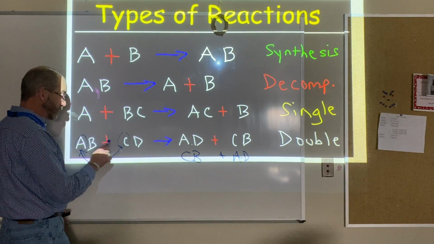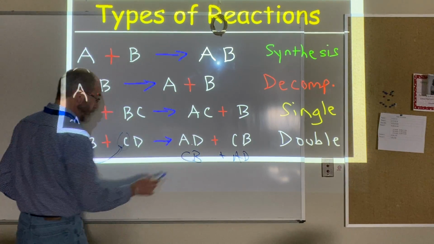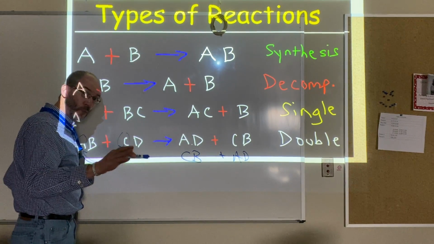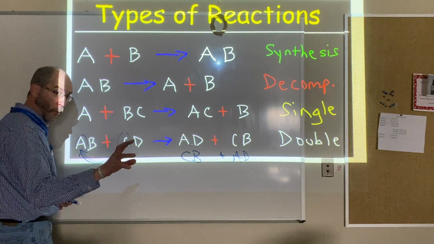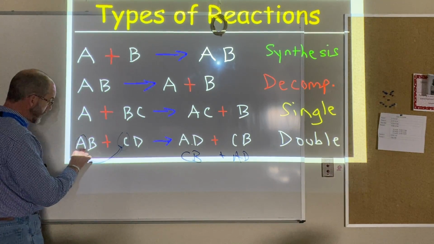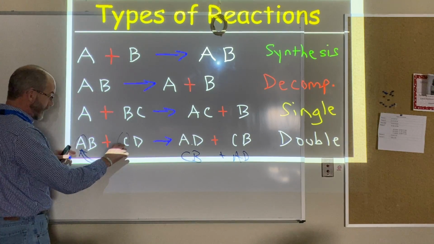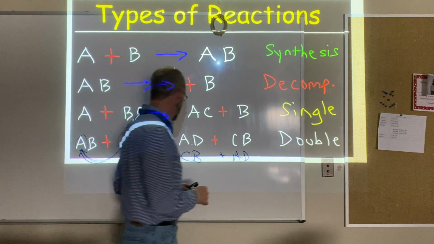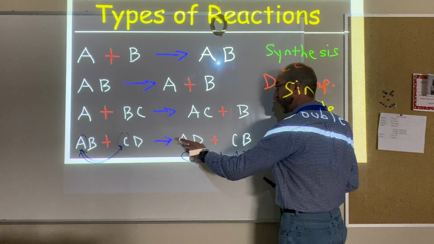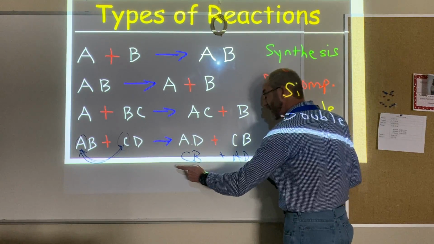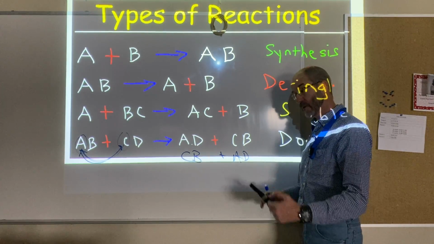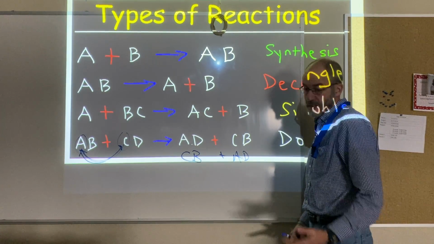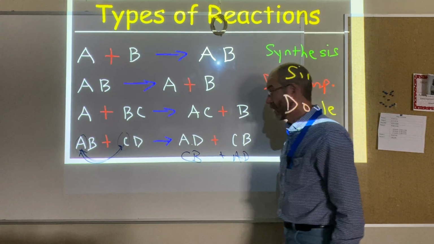But what I really want you to see, the most important thing at this point, is that A and C have swapped places. So we have a double displacement or a double replacement. Let's not overcomplicate that.